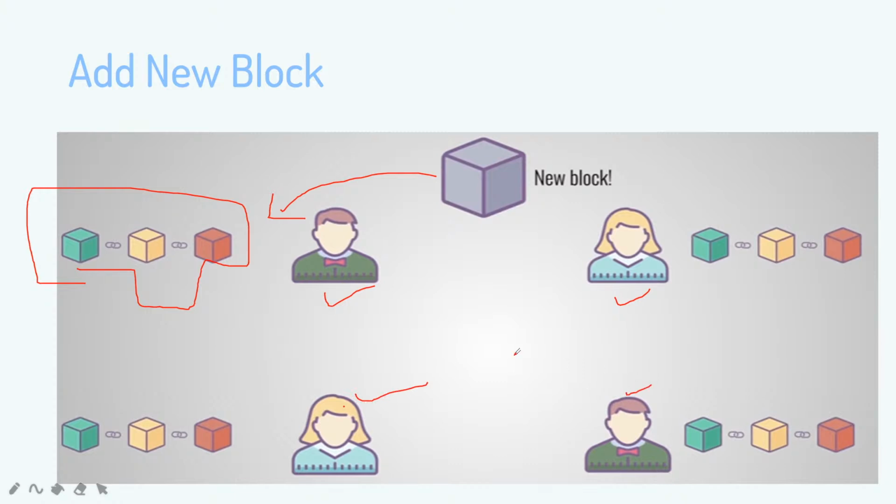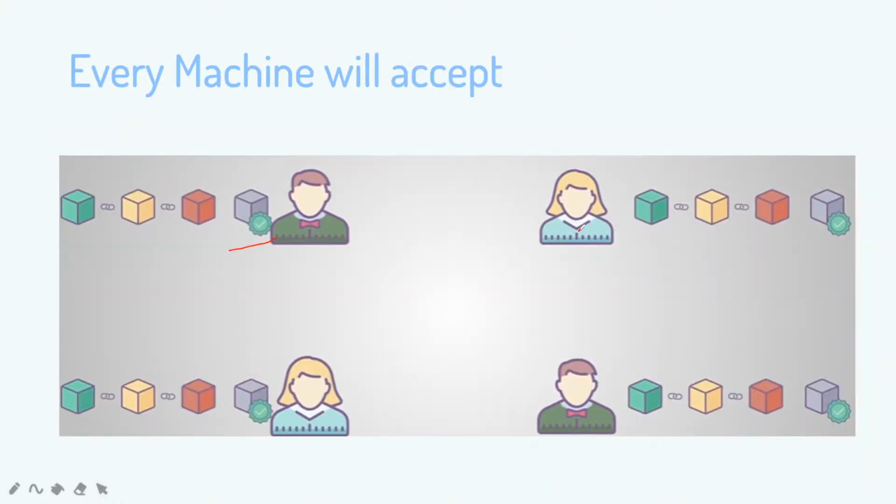For example, if I have 4 users, I need 51% of the users to approve. If all the people approve adding a new block, we can add it like this. So every machine will accept the new block.